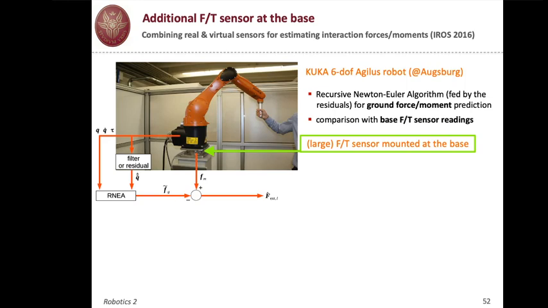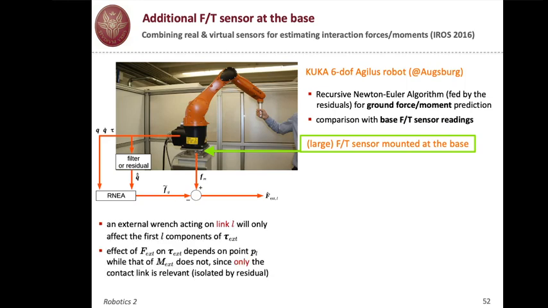And if you measure exactly what you're computing in the absence of any other contact, then you can say that there is no contact. On the other hand, if you measure something different, then this will tell you that some collision, some contact has occurred, and by working properly, you can also give some information about estimation of what type of force or momentum or moment was applied at which link.